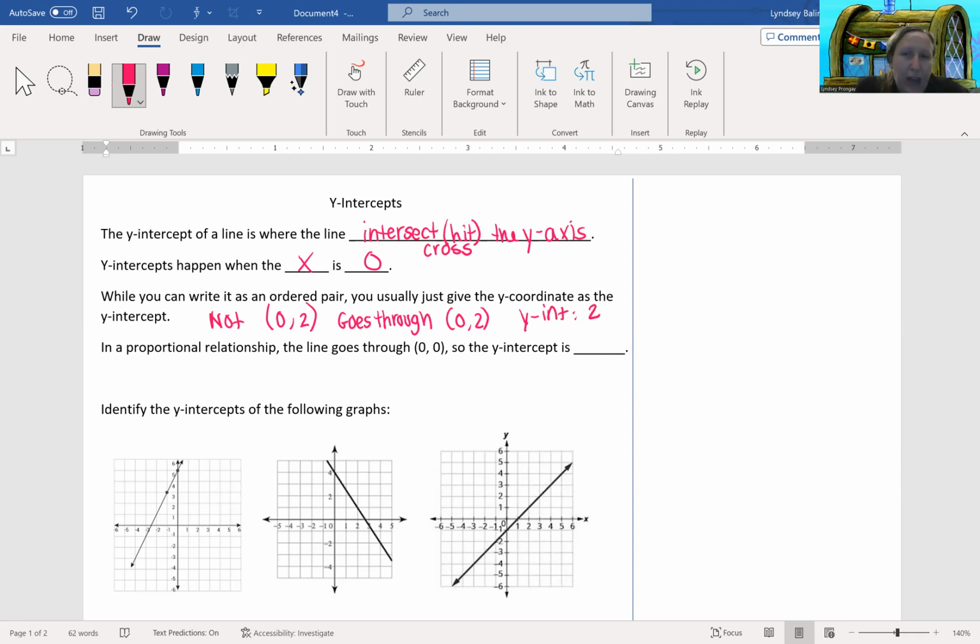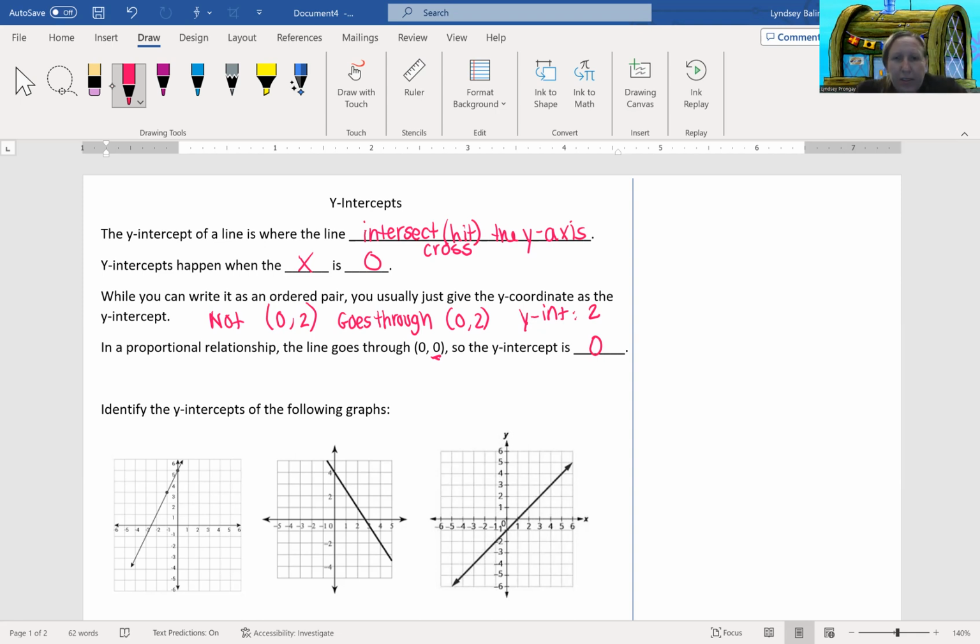You just give that number. Keep in mind in a proportional relationship, which is where this all started, those lines go through 0, 0. So in that case, the Y-intercept would just be 0 because it's the Y coordinate right there.